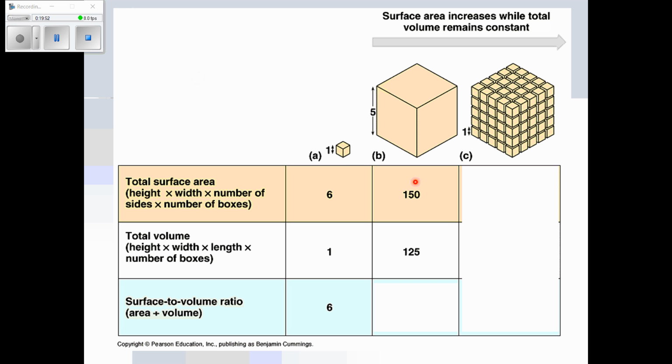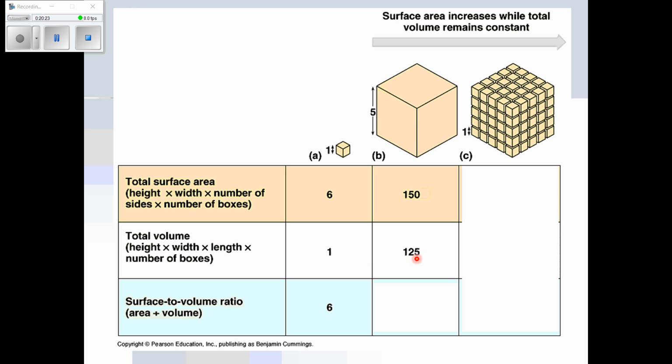How many times bigger is this number compared to this number? Well, 150 is 25 times larger than 6. So when the little cell got 5 times bigger, the surface area got 25 times bigger.